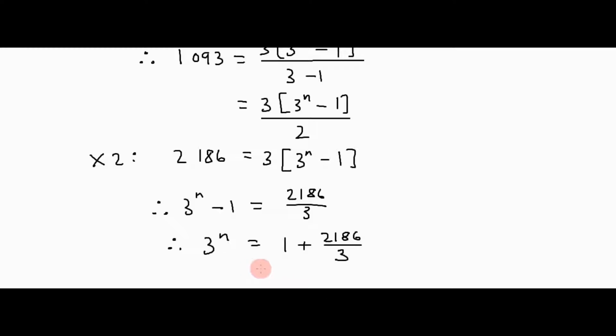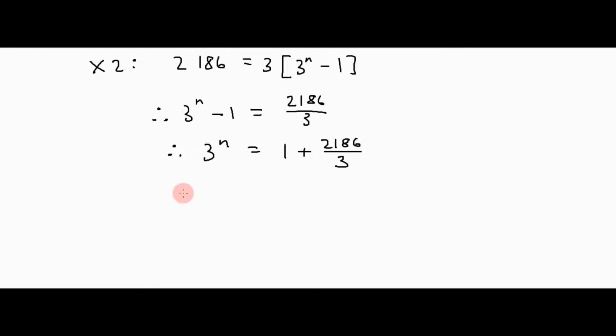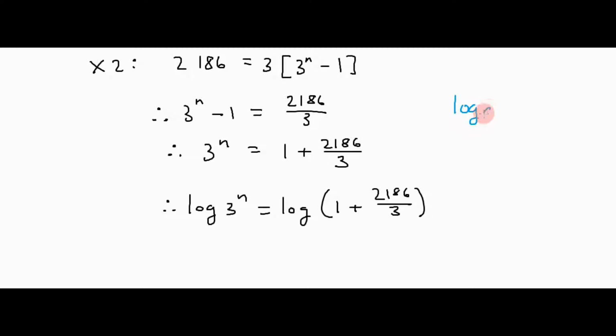Now, this is an exponential equation where the unknown n is in the index, or is the power. So we're going to use logs. So we take the log on both sides. Now we're going to use the log rule that says the log of a to the m is m times the log of a.